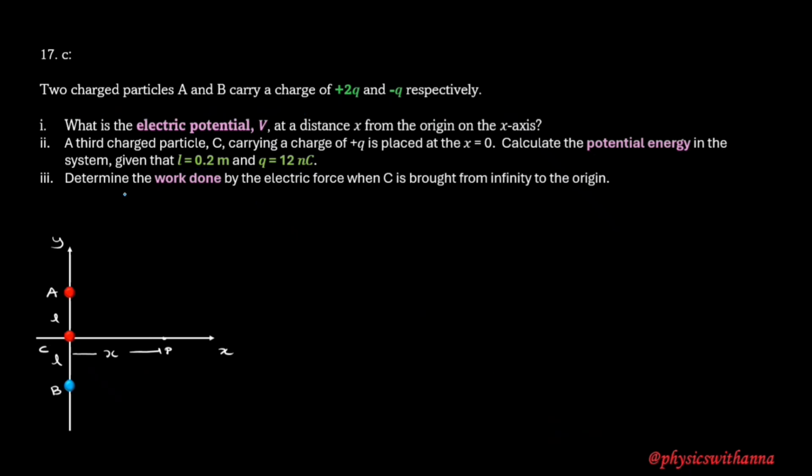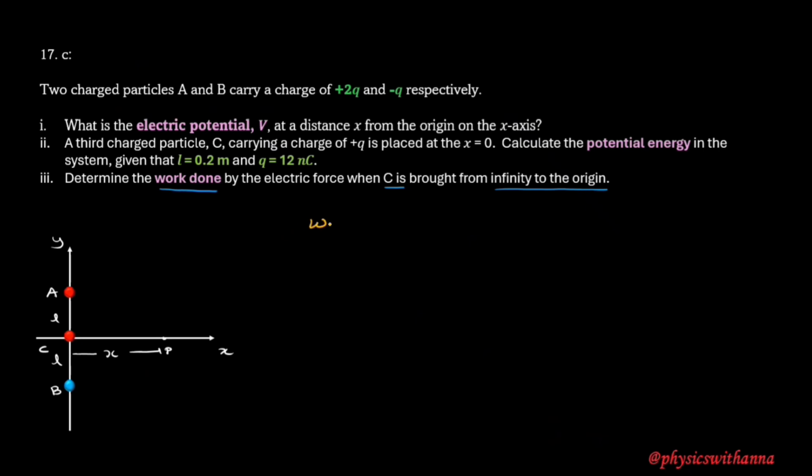In part 3, we have to determine the work done by the electric force when C is brought from infinity to the origin. So here particle C is brought from infinity to origin, and when it is brought to its position, it can interact with particle A and B, and we have to do work against this interaction to keep particle C fixed at its position.